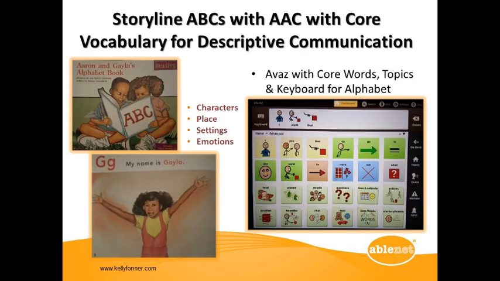We've got about 15 more minutes here, just to give you some other examples of using alphabet books in more descriptive ways and more language-building ways. When you've got more robust vocabularies, or that idea of core words, I can have topics that are built off of core vocabularies and access to the alphabet.